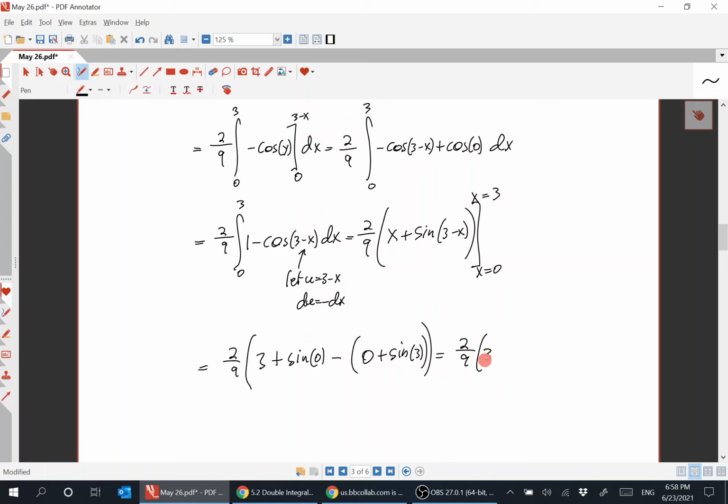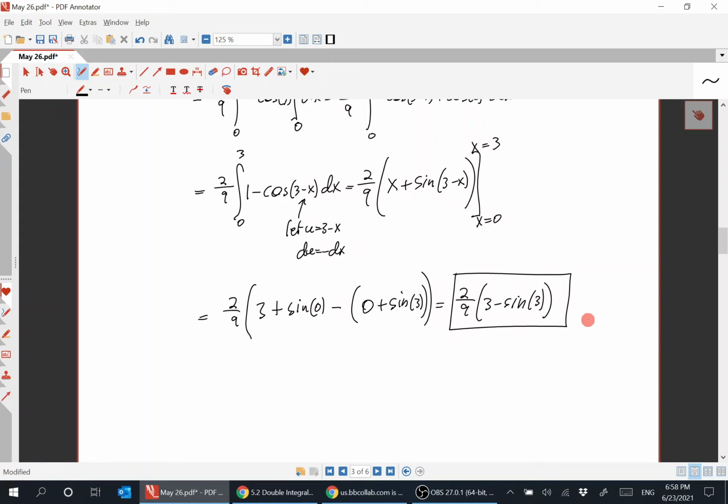So 2/9, 3 minus sine 3. And that's the final answer for that. This is not like the greatest example to try to reverse the order of integration, so we'll just leave it at that. All right.